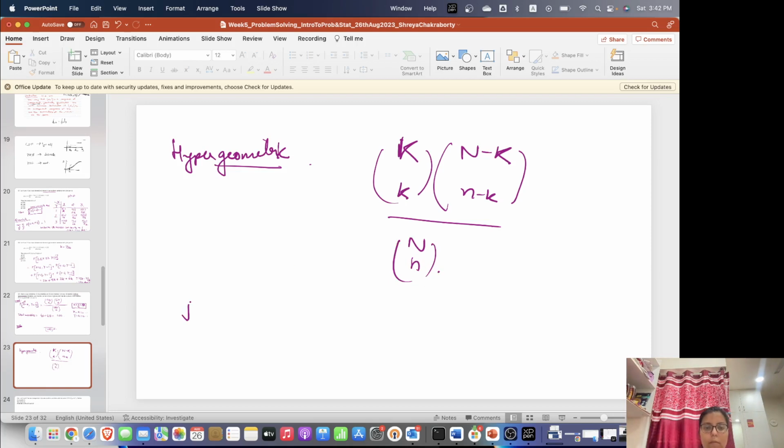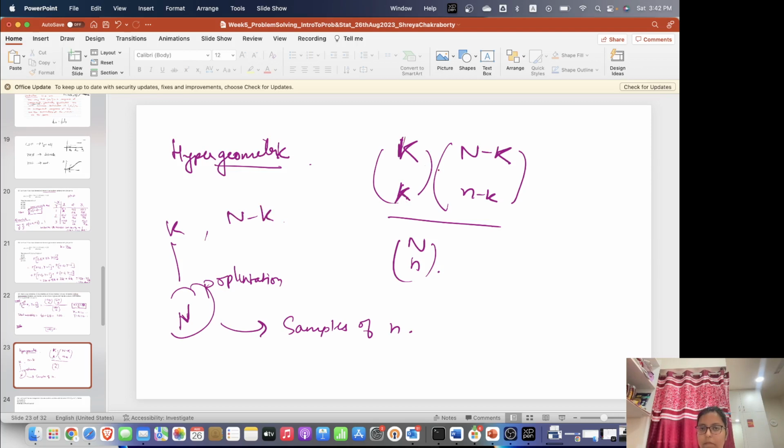That is, from a population of size N, let's say this is a population, we are drawing a sample of size n, and the population is divided into two parts, let's say K and N minus K. So the probability that we would have small k samples from one part, and the rest from the other, is given by this expression.